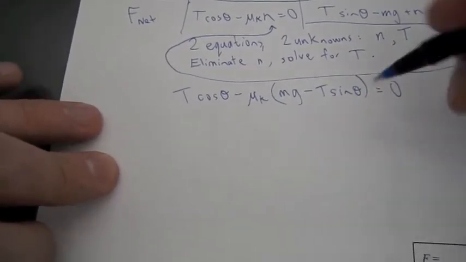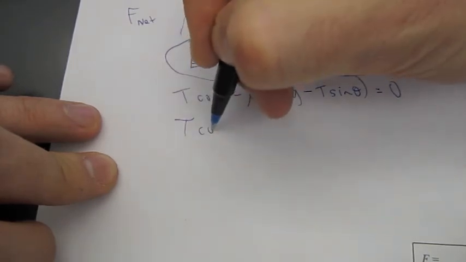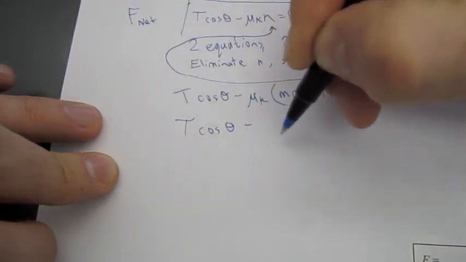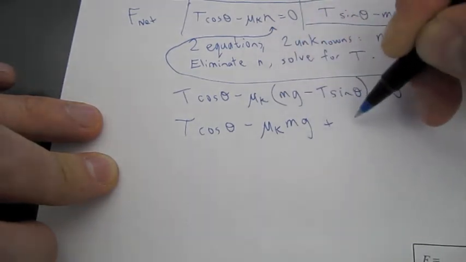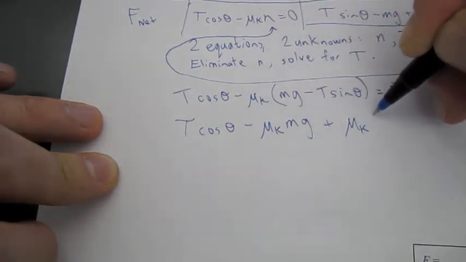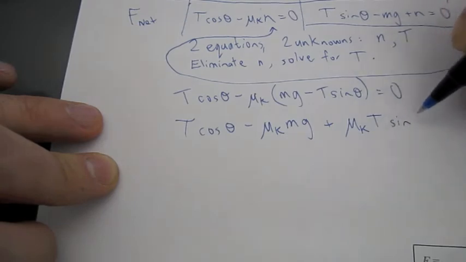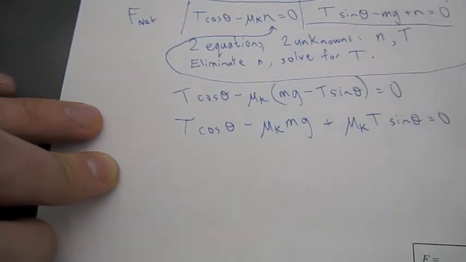So multiplying through here, we have t times cosine theta minus mu sub k times m times g plus mu sub k times t times sine theta equals 0.